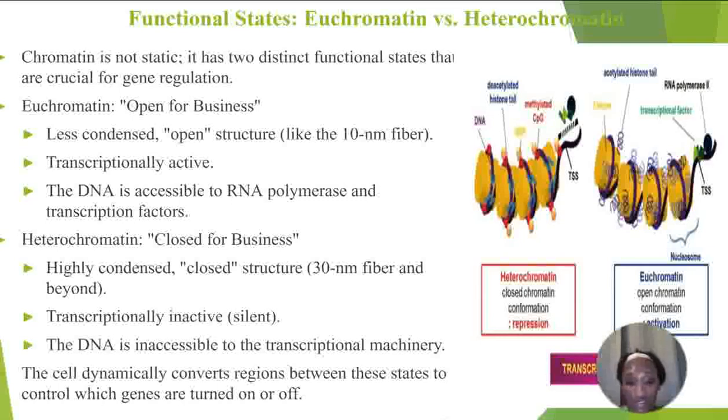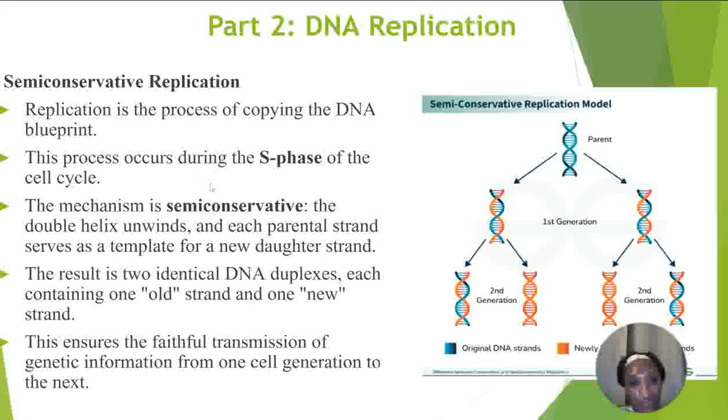It is inactive, meaning it is silent or quiet, and the DNA is inaccessible to the transcriptional machinery. The cell converts regions between these states to control which genes are turned on or off. So you can see the images to the right. The heterochromatin is a much more closed structure, and the euchromatin is a more open structure.